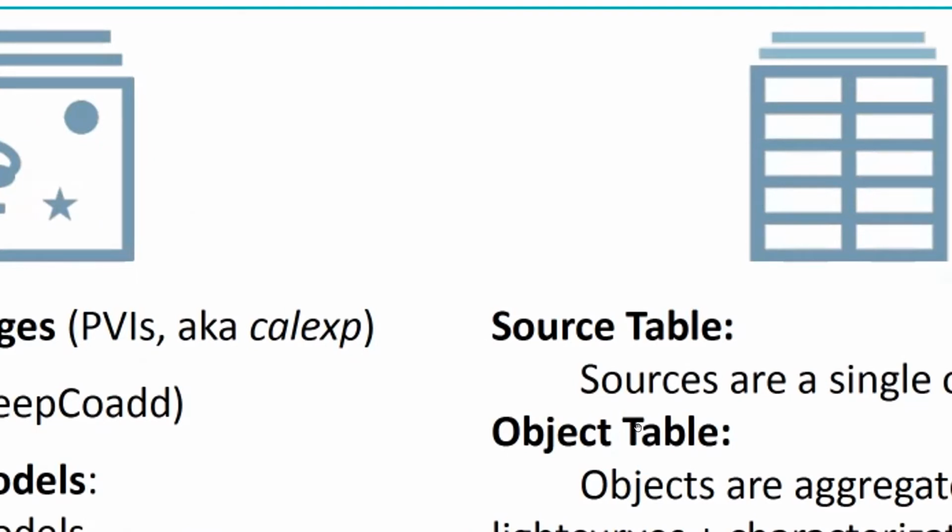There's also a number of tables that are output, source tables. So sources are single visit objects, things that are only detected in a single band, for example. And then when we combine all of that information at the object coadd level, we call these objects. We have object tables as well. Okay, next slide, please.